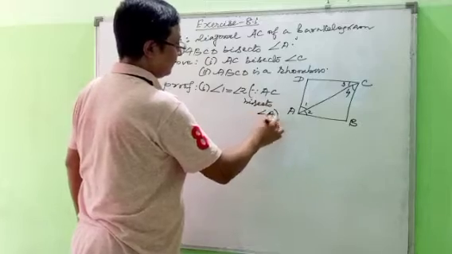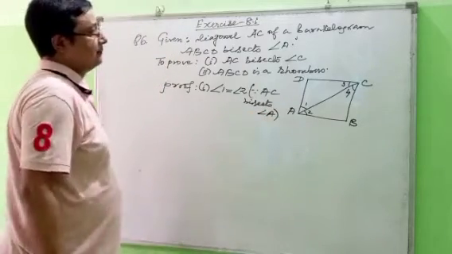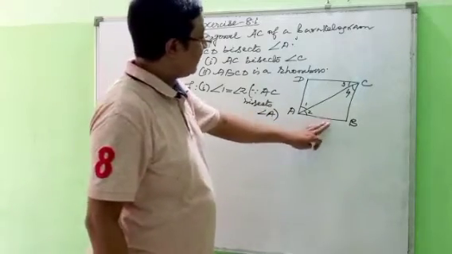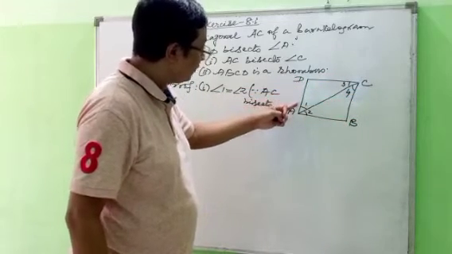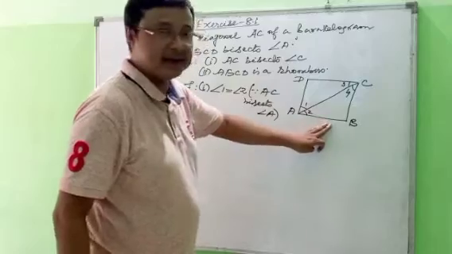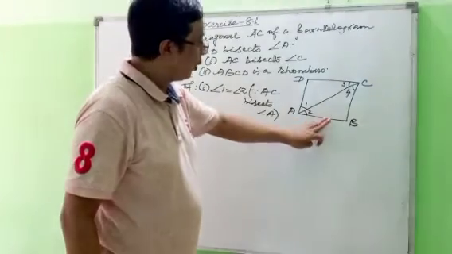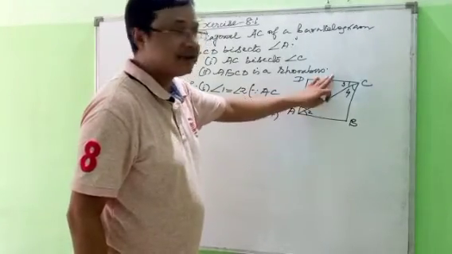Next, AB is parallel to DC and BC is parallel to AD, because ABCD is a parallelogram. That is why the opposite sides are parallel as well as equal.